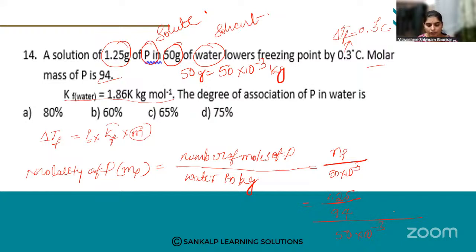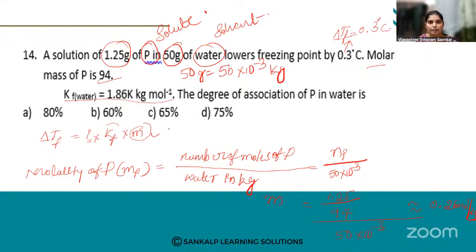Okay. When you calculate this, you will get approximately 0.26 mole per kg. Okay, mole per kg. Approximate value is 0.26 mole per kg. What is it? It is m.